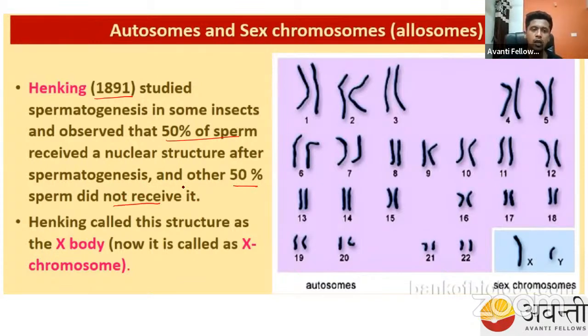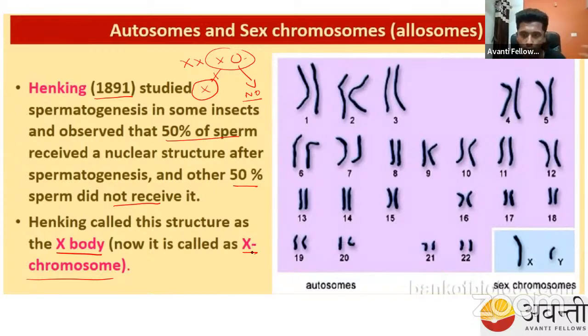He was studying mainly insects, which have the XO type. Some sperms received this X body, and some received nothing. I'll just write it as NO. He named the sperms that got this X as X body, and today we call it the X chromosome. That is the discovery of the first sex chromosome.